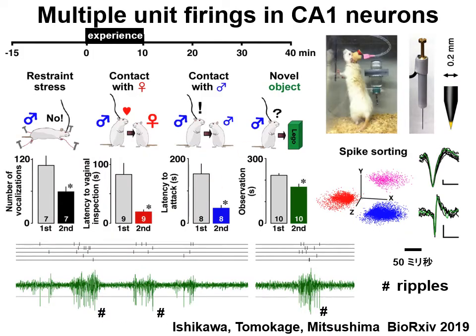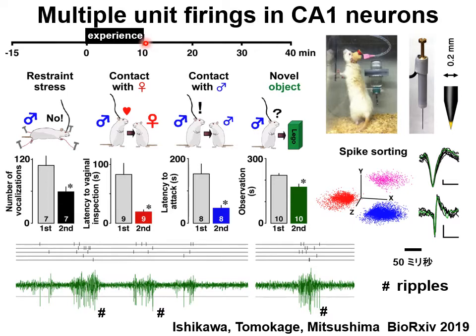In the present study, using mature male rats, we started to record multiple unit firing activity of CA1 neurons in the well-habituated home cage. After 15 minutes of recording, the rat experienced one of 4 episodes for 10 minutes.